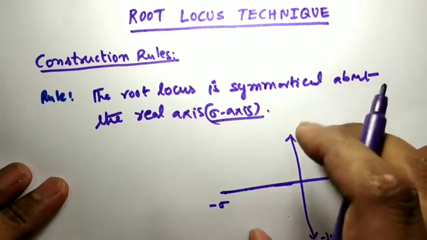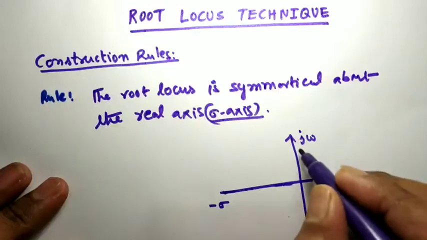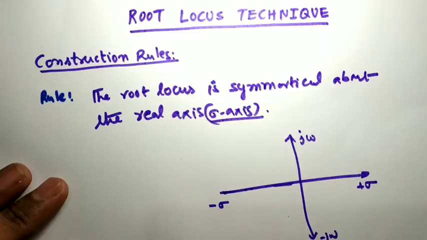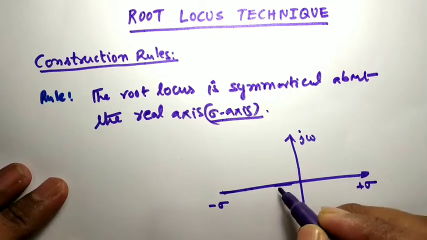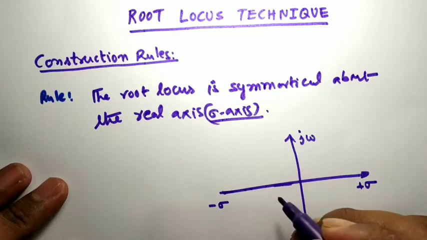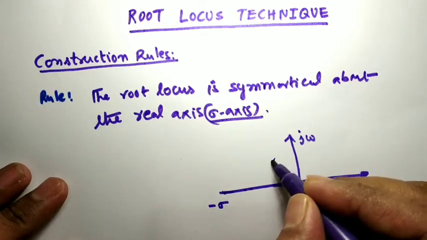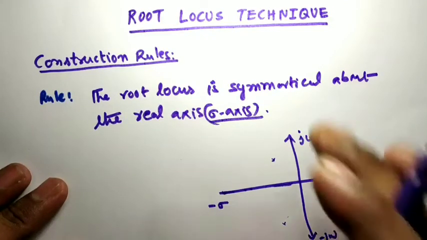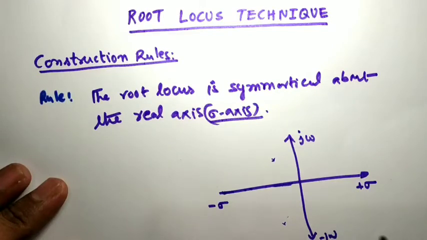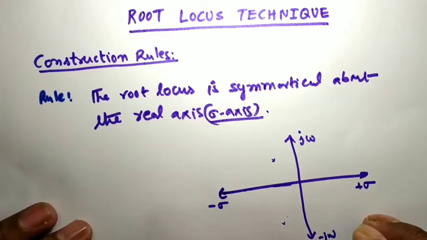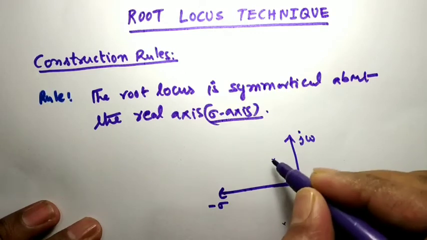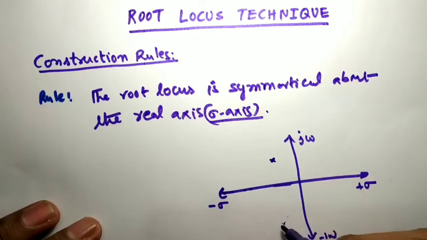So in the S plane the roots could be on the real axis, or the roots may be complex conjugate somewhere, or a combination of both. Just as an example, if there is a complex pole, the graph is like this, and the symmetrical graph is like this.